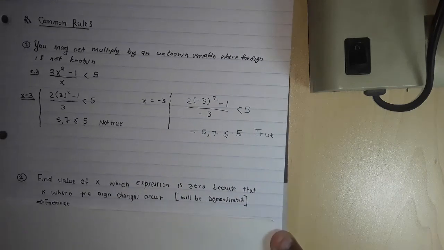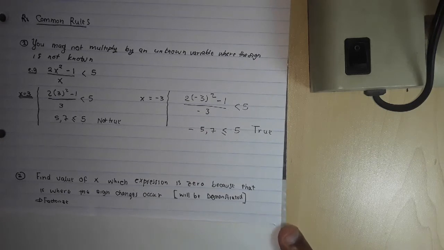The second rule, however, is that when solving nonlinear inequalities, we need to make sure we find the values of x for which the expression is 0, because at those zero points, that's where the graph changes signs. What do I mean by that? Basically, this means we need to factorize.